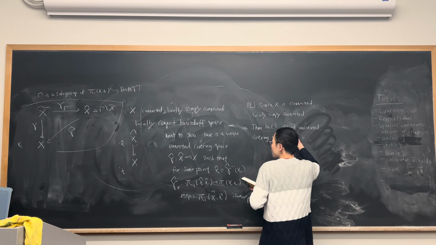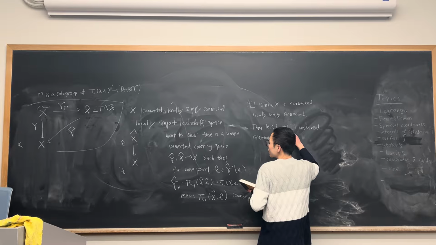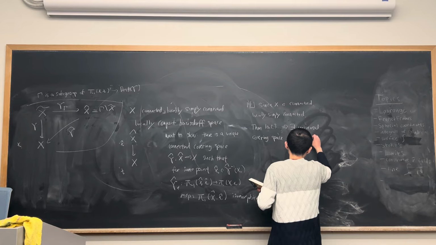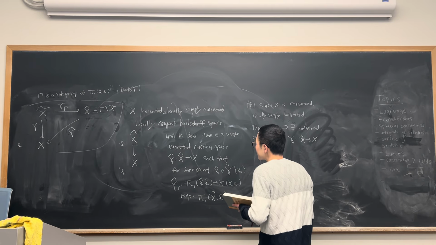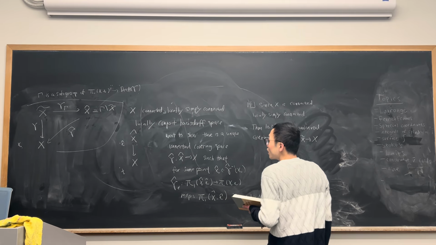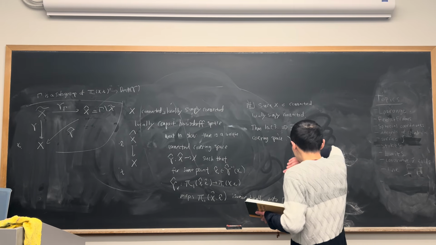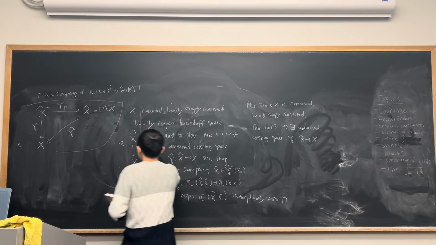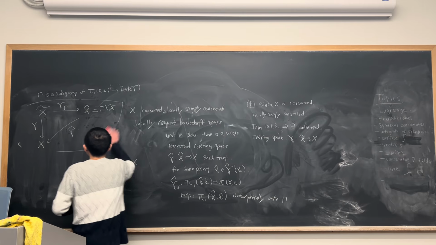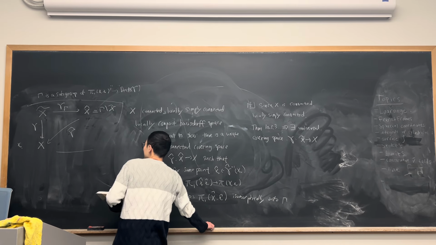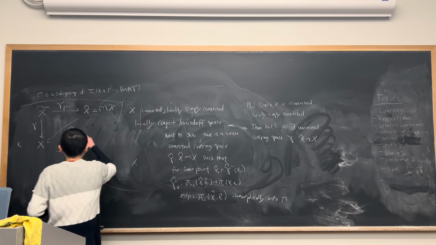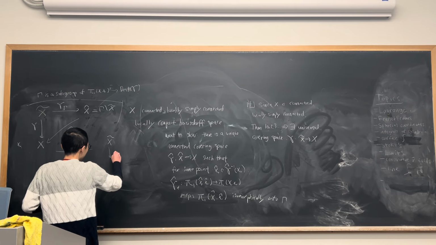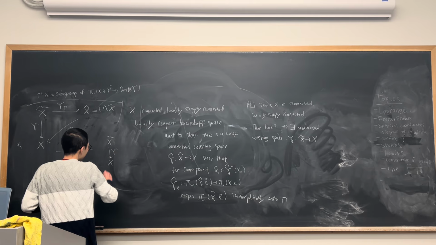Let's call this gamma from X tilde to this X. Let's draw a picture. This is the second part of the theorem. The first part is, here you have the universal cover.